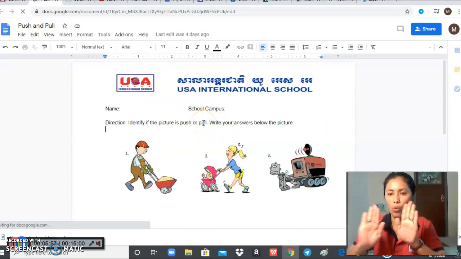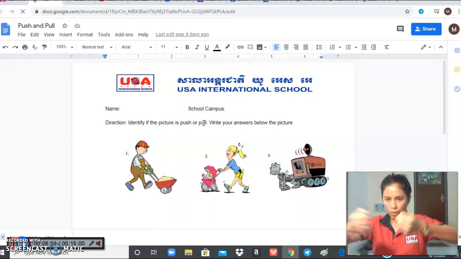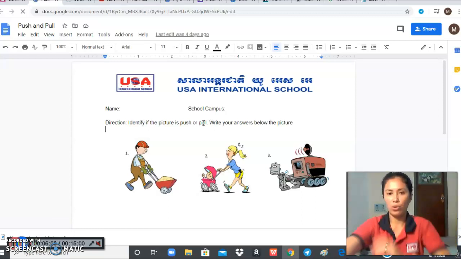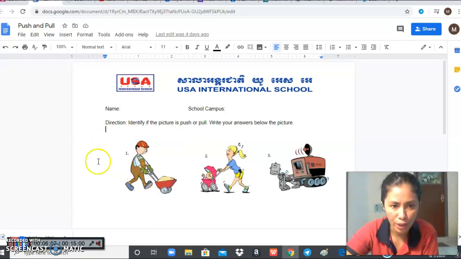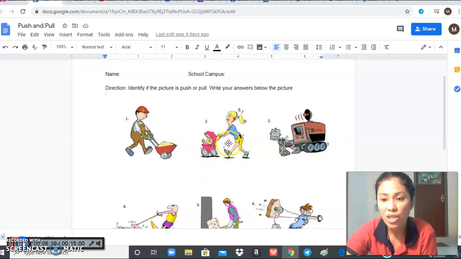Again, push is away from you, pull is closer towards you. Okay, look at this guy. For number one, this guy is pushing a wheelbarrow, right? And this mom and kid, the mom is pushing the stroller.